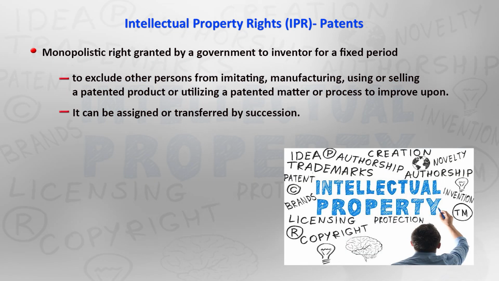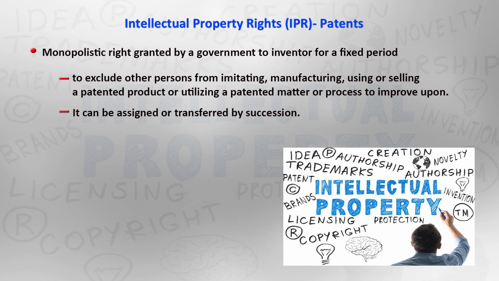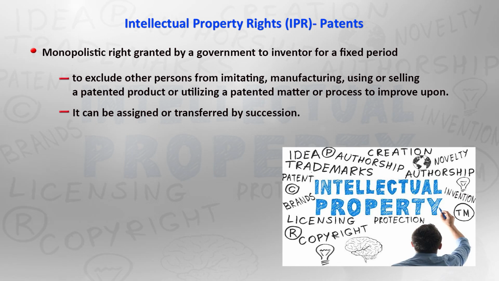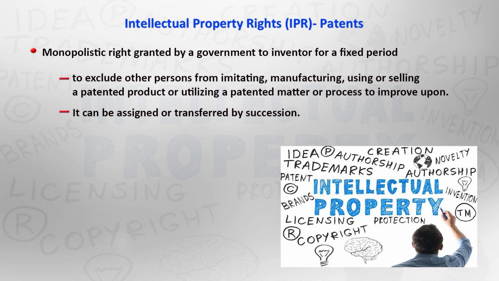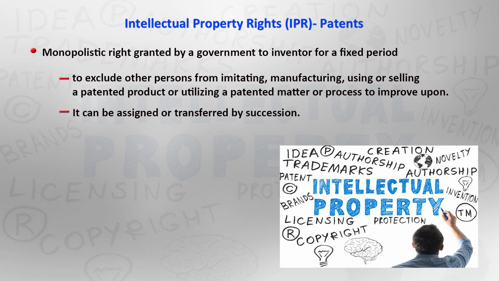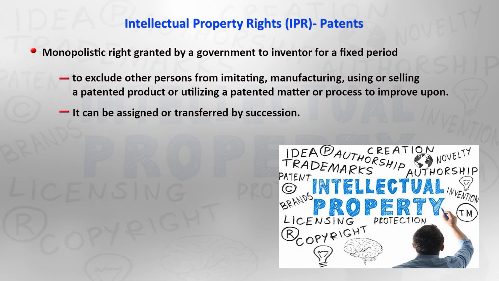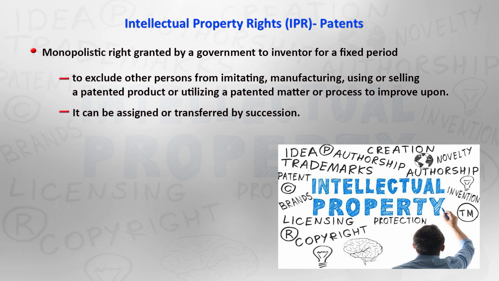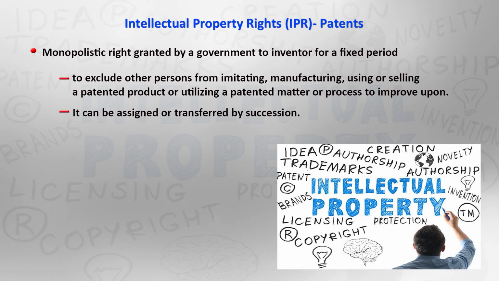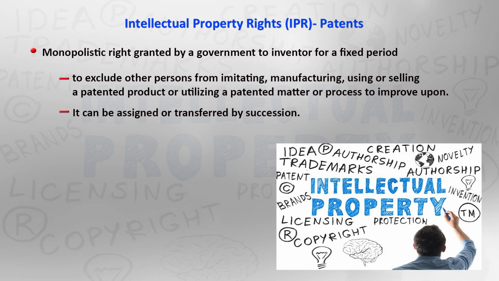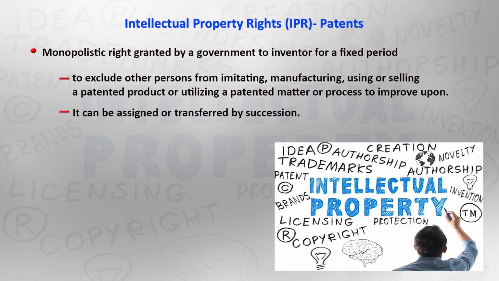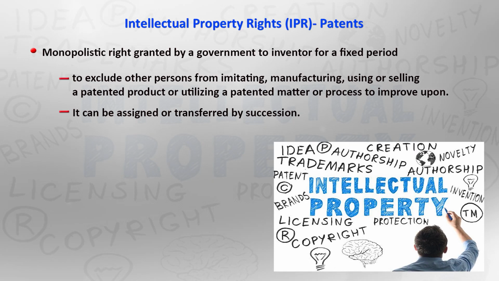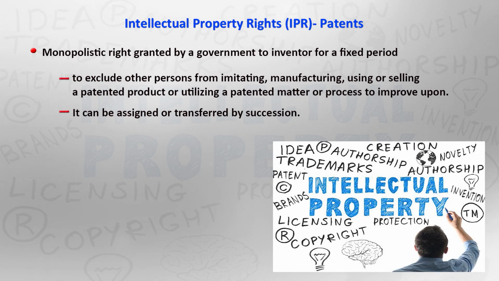And basically IPR is a monopolistic right granted by the government to an inventor for a fixed period, so that the person or company can exclude other persons from imitating, manufacturing, using or selling a patented product or utilizing a patented method or process to improve upon it, and it can be assigned or transferred by succession.